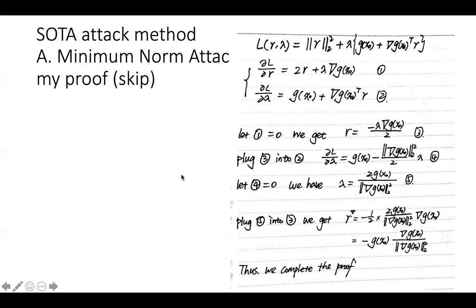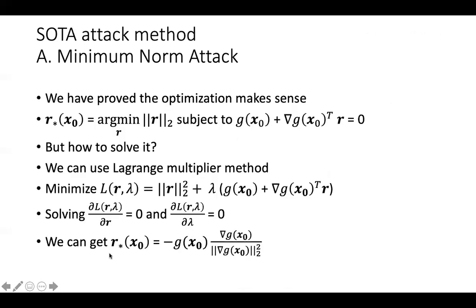So the point is that you want to prove that the partial derivative being zero will fulfill our optimization goal. I want to prove this conclusion, that R(x0) can actually be expressed as minus g(x) blah blah blah.